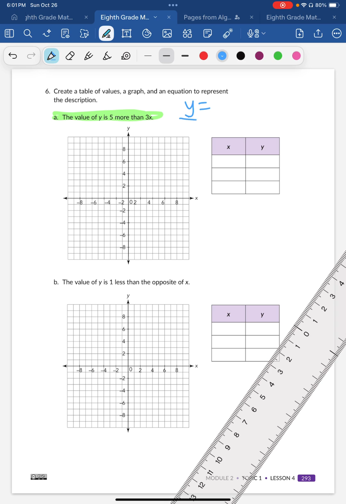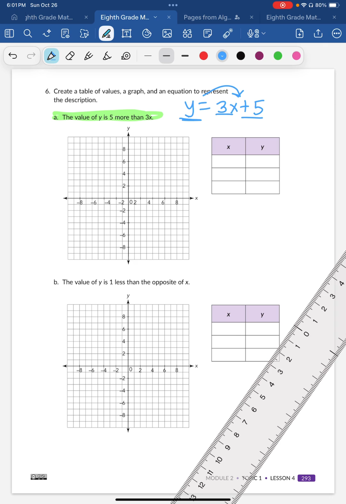So the value of y is going to be over here, is 5 more than 3x. Or we could say y equals 5 more than 3x.